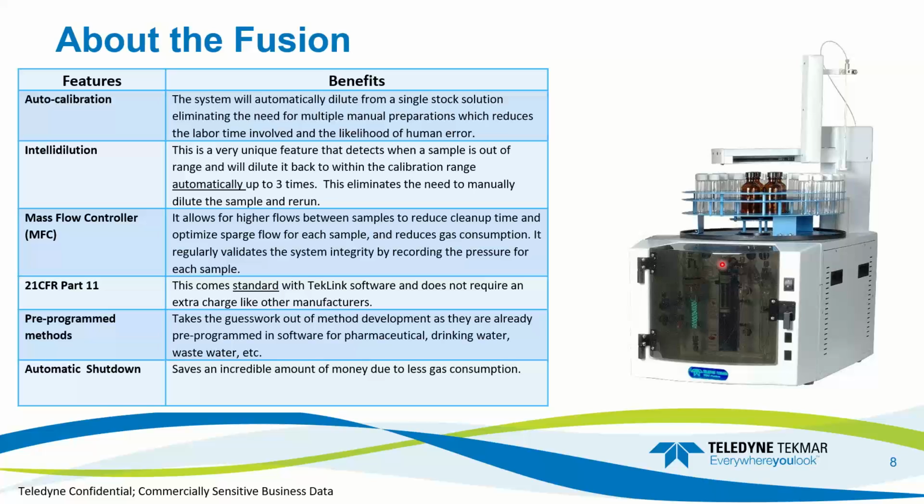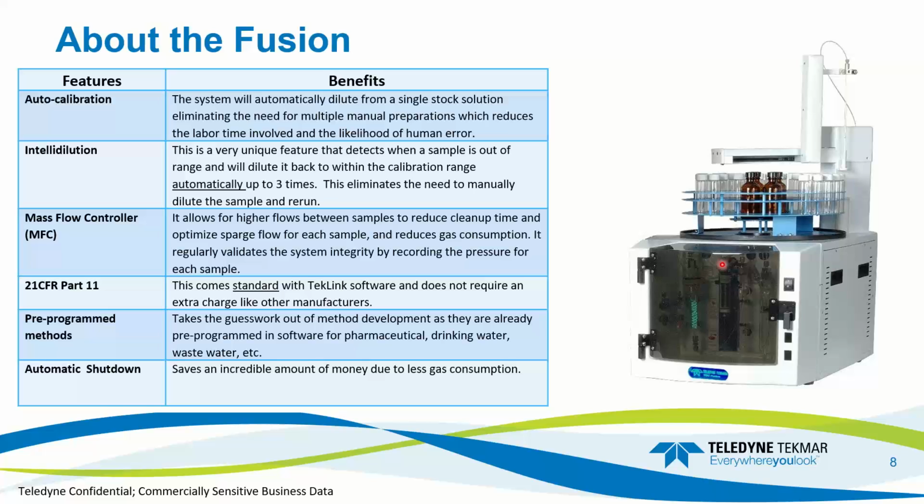Since this system is a pressurized system, we have a mass flow controller. A lot of the other TOCs out on the market are set fixed flows with needle valves and different things like that. But our system is controlled. The Fusion is controlled by the mass flow controller. Another Teledyne company makes this product for us.